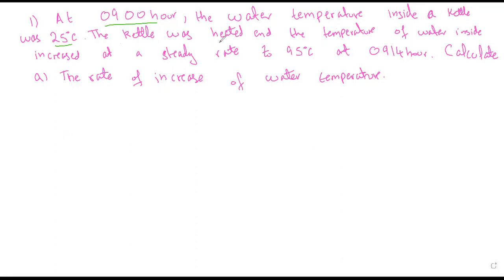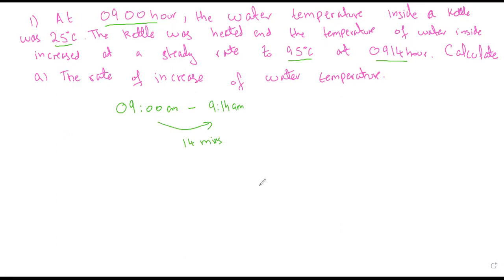The kettle was heated and the temperature of water inside the kettle increased at a steady rate to 95 degrees at 9:14 a.m. ठीक है, this means that from 9 a.m. to 9:14 a.m. in these 14 minutes, what has happened? The water temperature has increased from 25 degrees to 95 degrees, right?